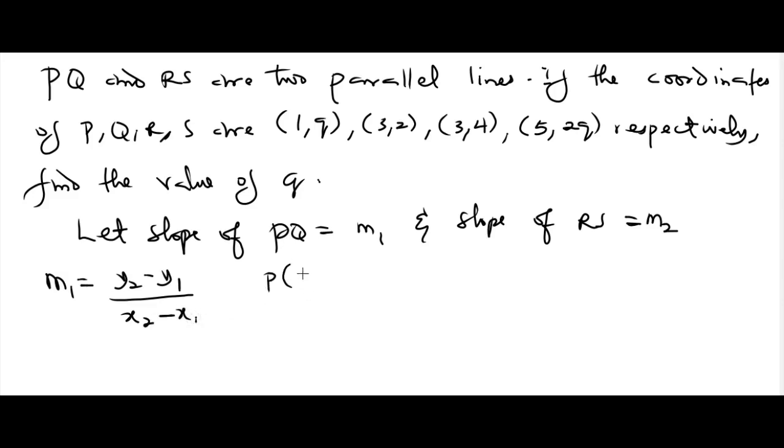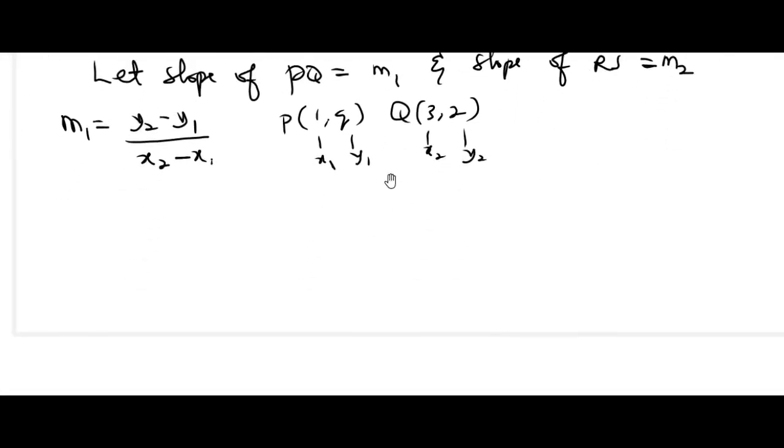The coordinates we have are (1, q) and (3, 2). So this is x1, this is y1, this is x2, this is y2. Alright, so our slope will be (2 - q) over (3 - 1). So this is (2 - q) over 2.